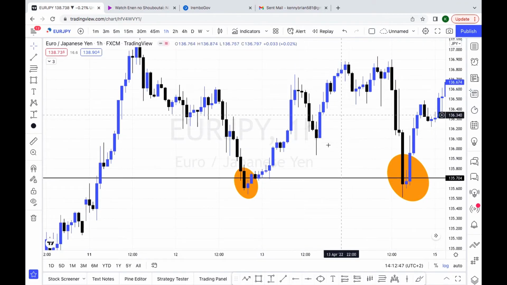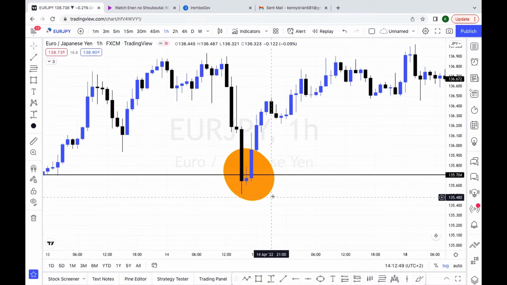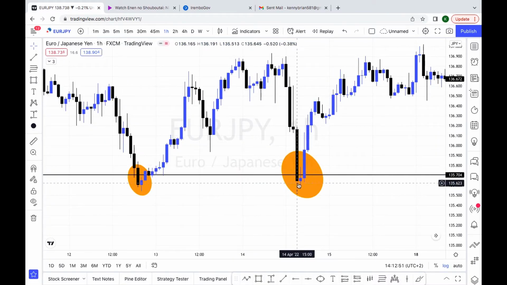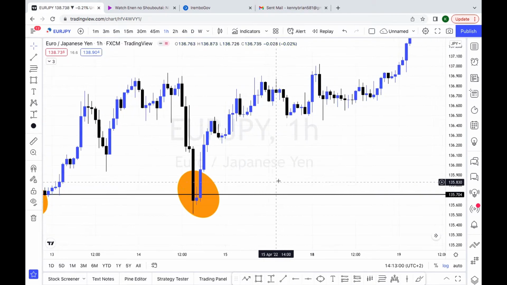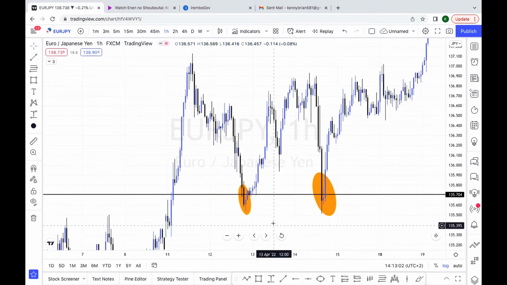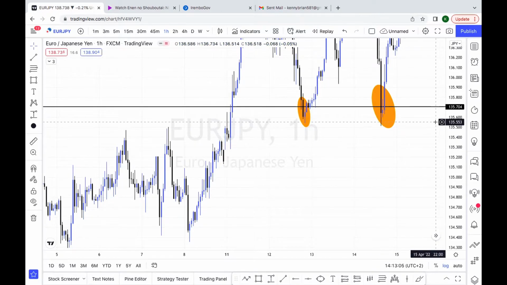You see? Second example, you see the huge bearish candle, small bullish candle, and then this candle closed midway, a bit higher than the 50%, by the way. And then it made the market start moving higher, right?